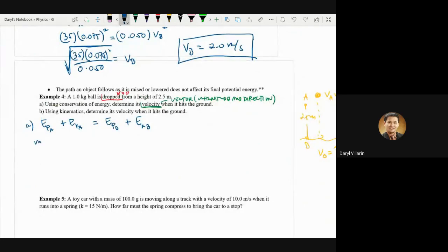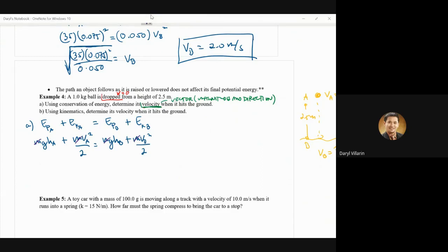So this would be mgh_A plus m v_A squared over 2, equal to mgh_B plus m v_B squared over 2. And as before, mass is not a factor. m is present in every term here, so I can just disregard that.